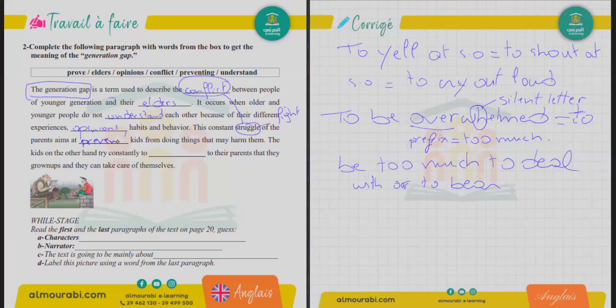Preventing kids from doing things that may harm them. Because we are more experienced as parents, we just prevent kids from doing bad things, because these bad things might harm them. That's why there is conflict between parents and children.